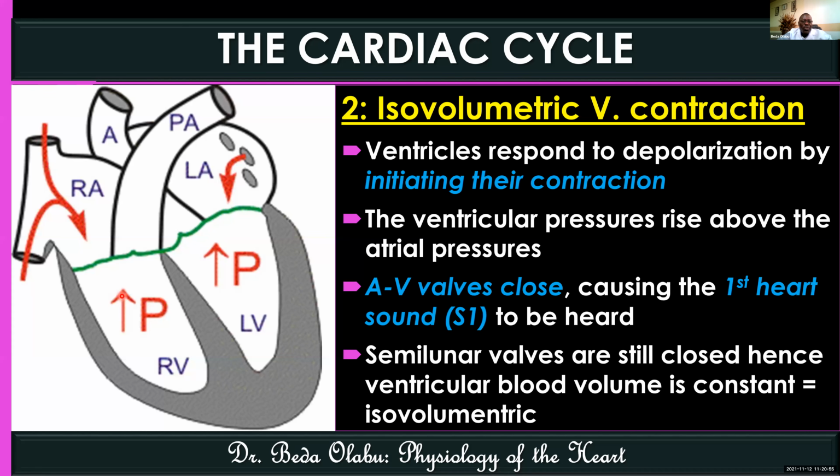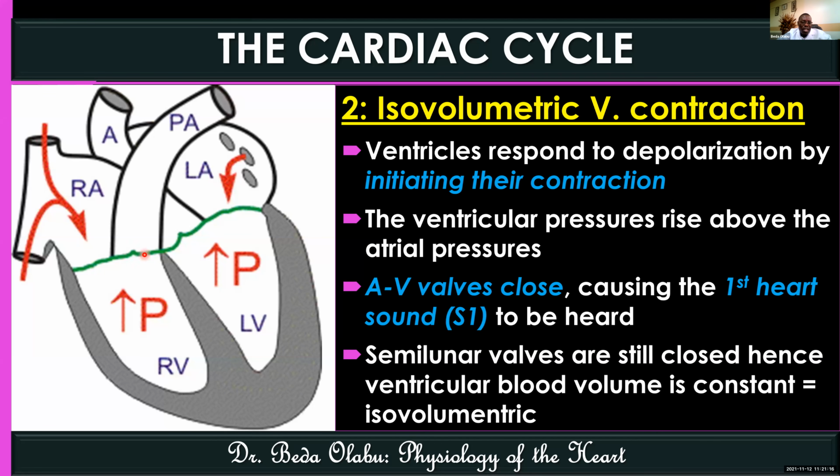As the pressure within the ventricles increases because the ventricles are still contracting, of course, the pressure within the ventricles will eventually exceed the pressure within the outflow tract, either aorta or the pulmonary trunk.